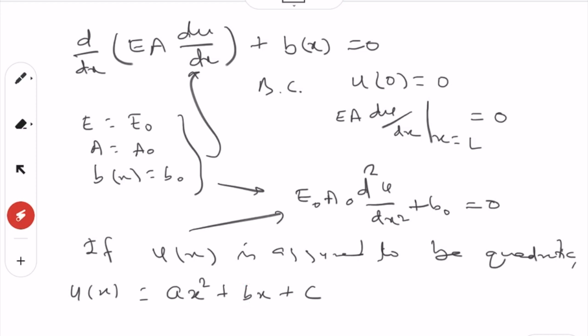So we can write something else. Let us write it as c x plus d.